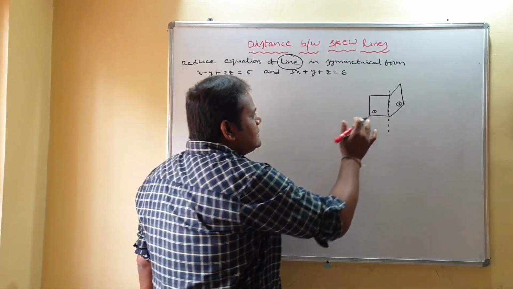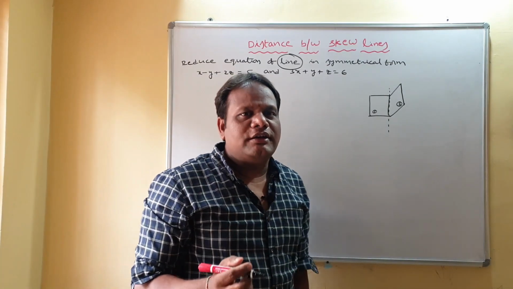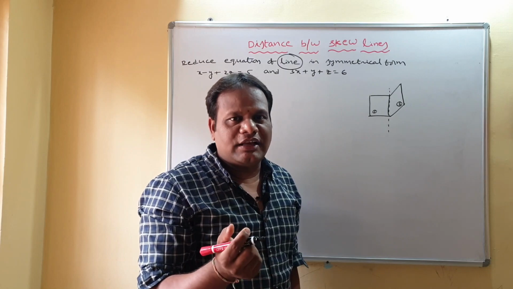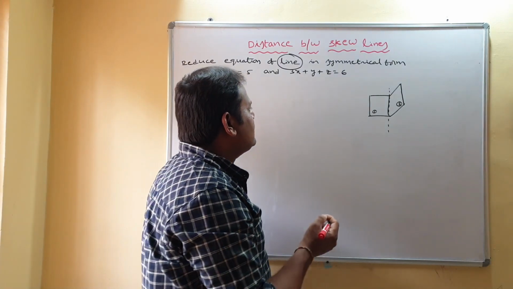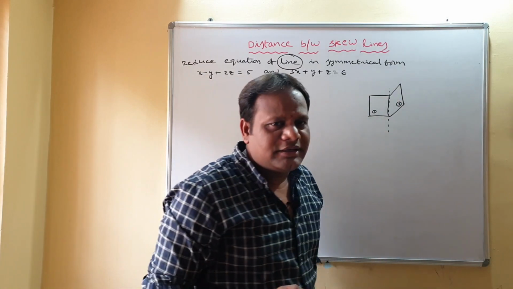Okay. See here, to find the line equation, we have to find a point on the line and the dr's of the line. And also we know that dr's represent the vector along the line.